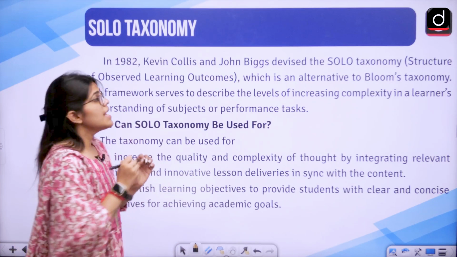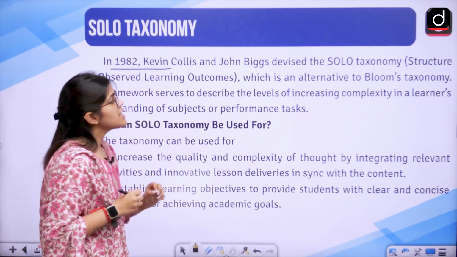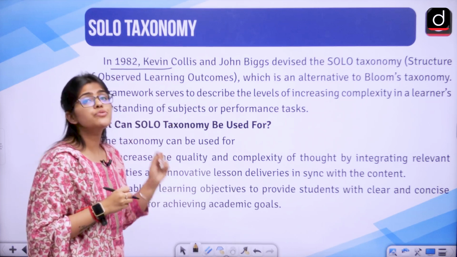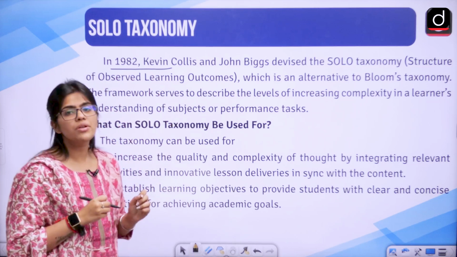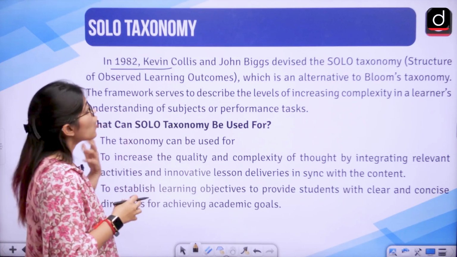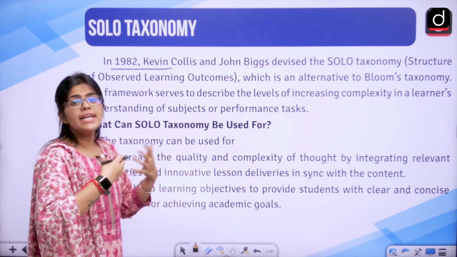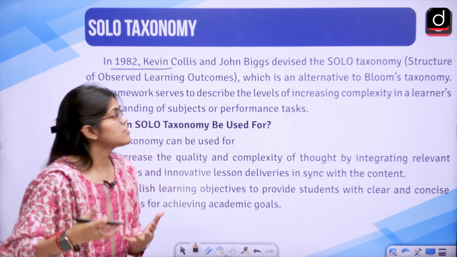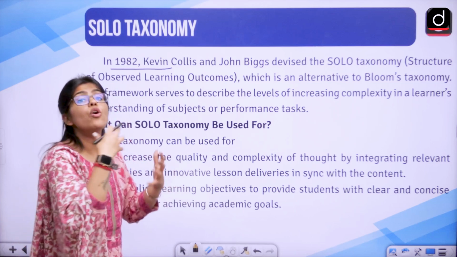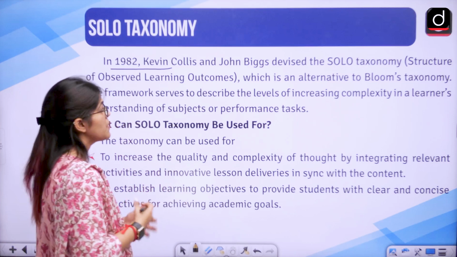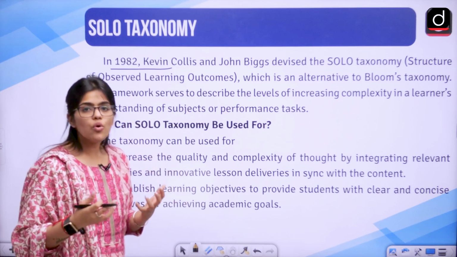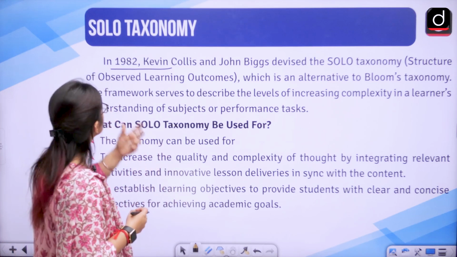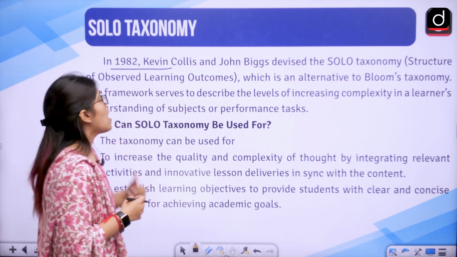In 1982, it was Kevin Collins and John Biggs who started to talk about SOLO Taxonomy in their book, which talked about how it is very different from Bloom's taxonomy. It was like an alternative to Bloom's taxonomy. I told you what SOLO is here. SOLO stands for Structure of Observed Learning Outcomes.